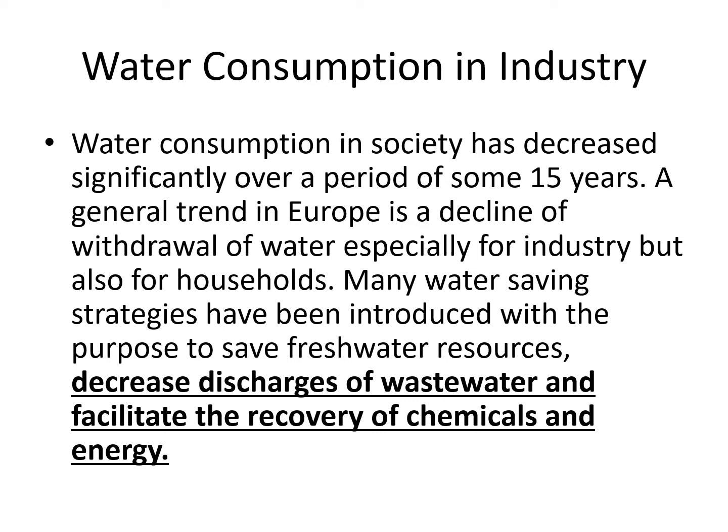And finally, there is decreased discharge of wastewater and facilitated recovery of chemicals and energy. So this is how the world is dealing with this water scarcity issue. They have limited their water usage. Maximum consumption of water has been adopted, and water conservation strategies have been adopted so that the water can be saved at all the levels in industry and in society both.